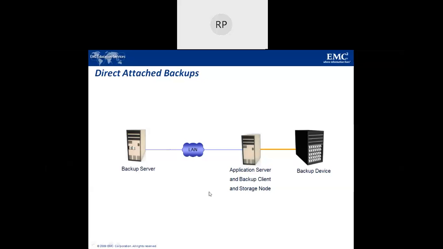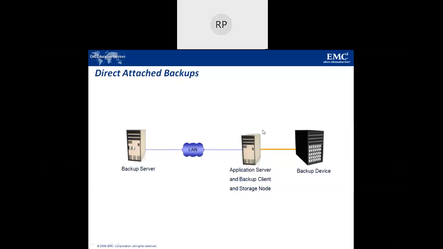This reduces the overhead due to the LAN connectivity. But if you want to share the backup device amongst more than one server, that is not possible here because the backup device is directly connected to this application server.